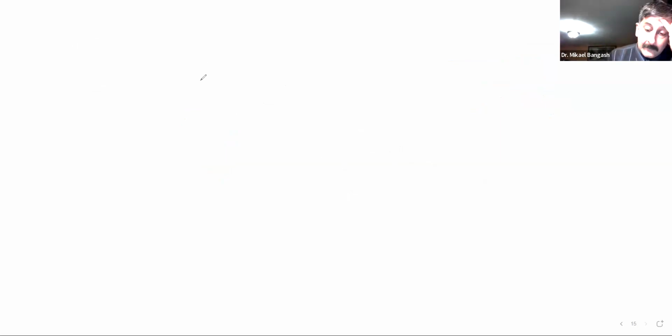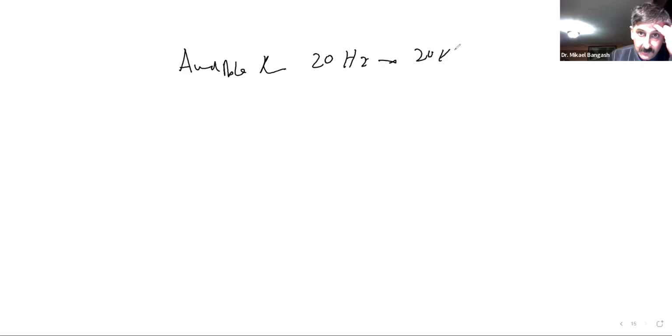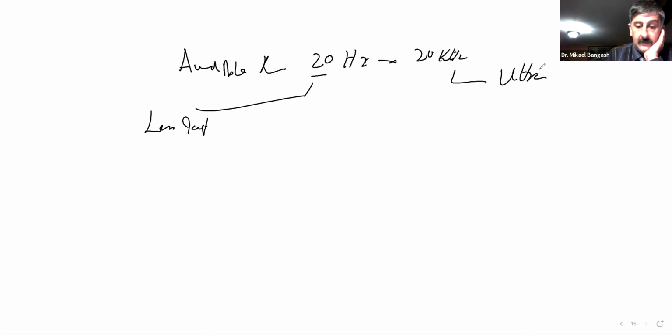So just keep in mind that you need to know the audible range, which was 20 hertz to 20 kilohertz. Anything less than this is infrasonic. Anything greater than this is ultrasonic.